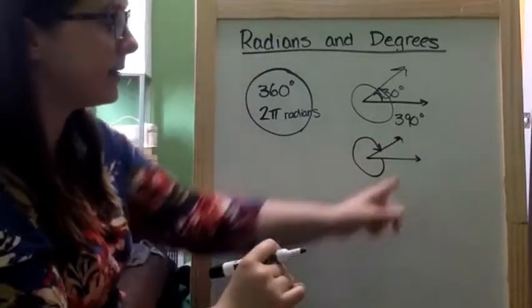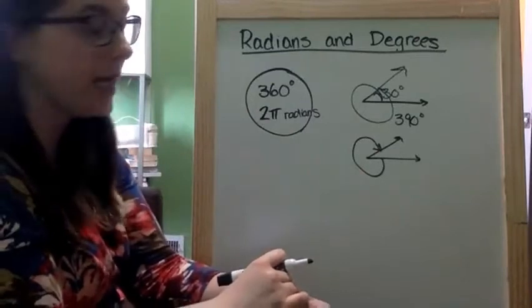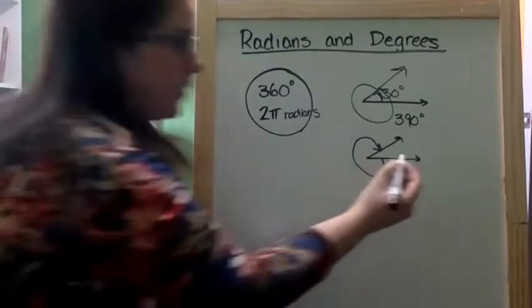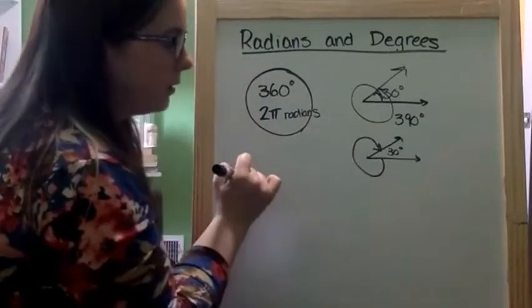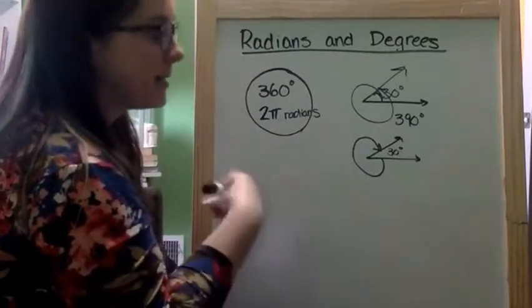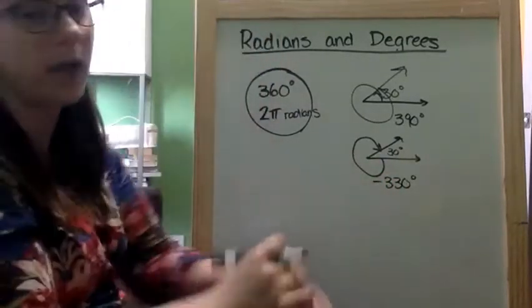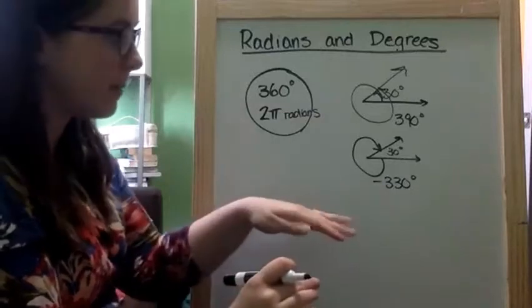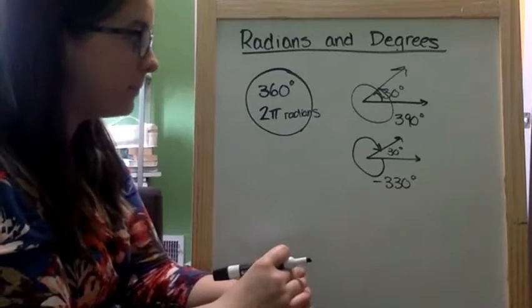And in this case, since it's coming down instead of going up, this would be a negative angle. So in this case, if I knew this was 30 degrees, this negative angle would be 360 minus that 30. This would be a negative 330 degree angle. So we want to also think about the fact that we can have negative angles.